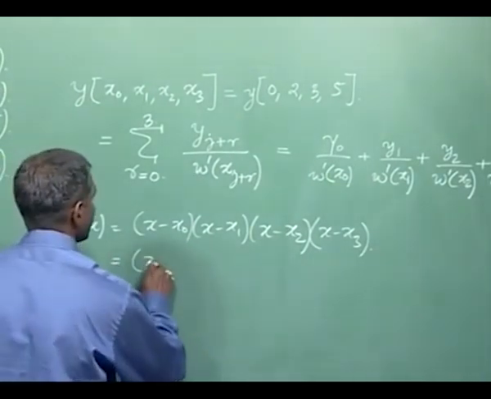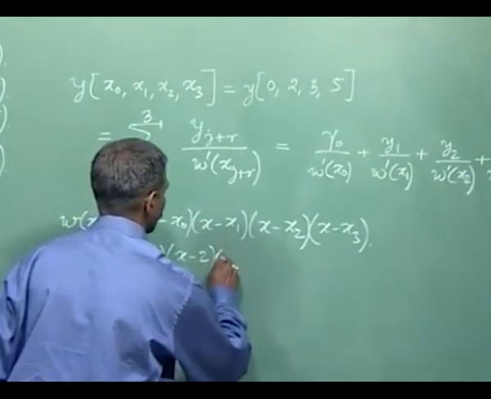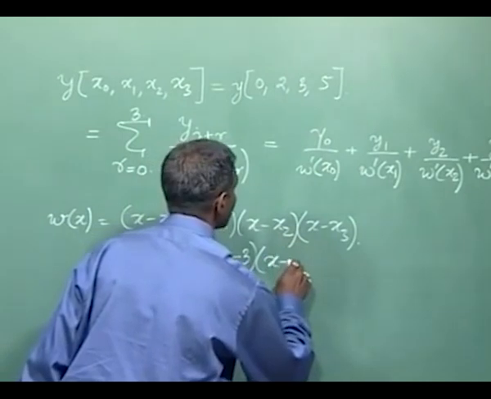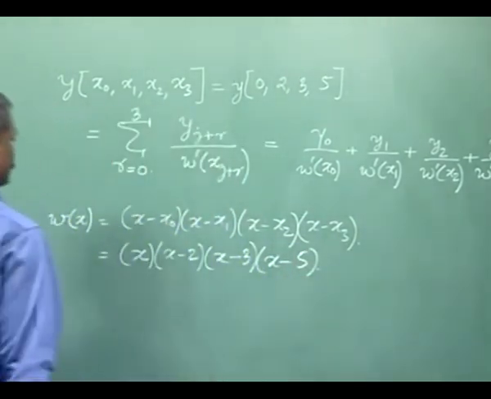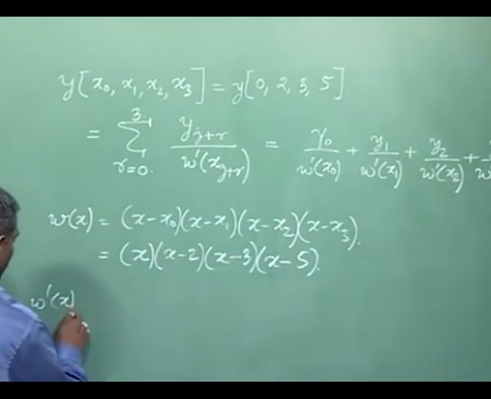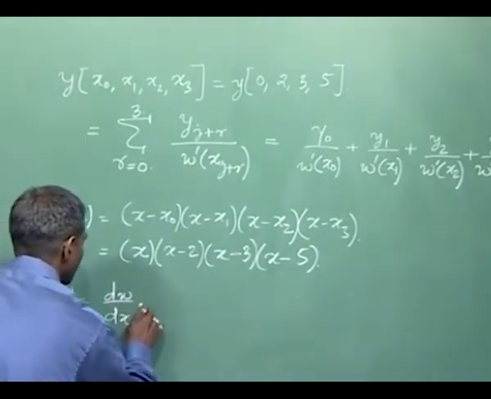This is x, x minus 2, x minus 3, x minus 5. Now, w prime x equals dw over dx.